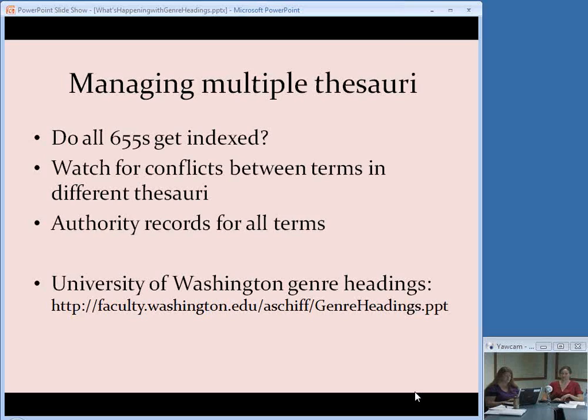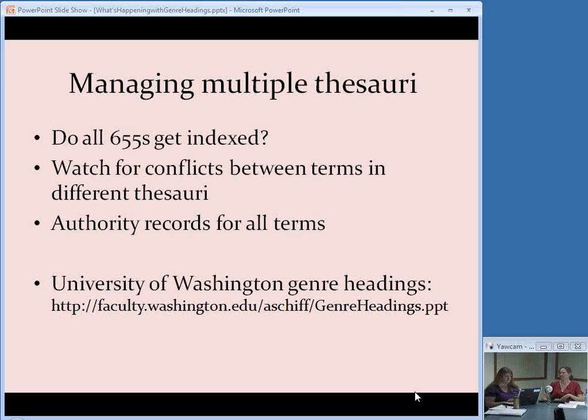Those of you who have attended some of my presentations in the past know that I like to give you a lot of resources. I like to point out the sources that I've used to find information on these things. A really good presentation that I found when I was looking for information on genre headings was done by M. Schiff at the University of Washington. He has his PowerPoint slides out there about decisions they've made about genre headings. They do use a couple of different vocabularies.